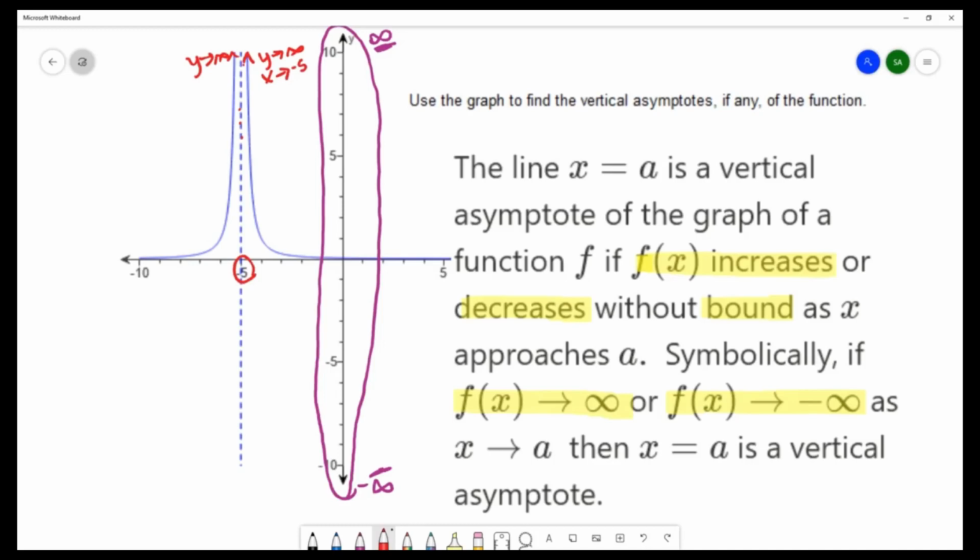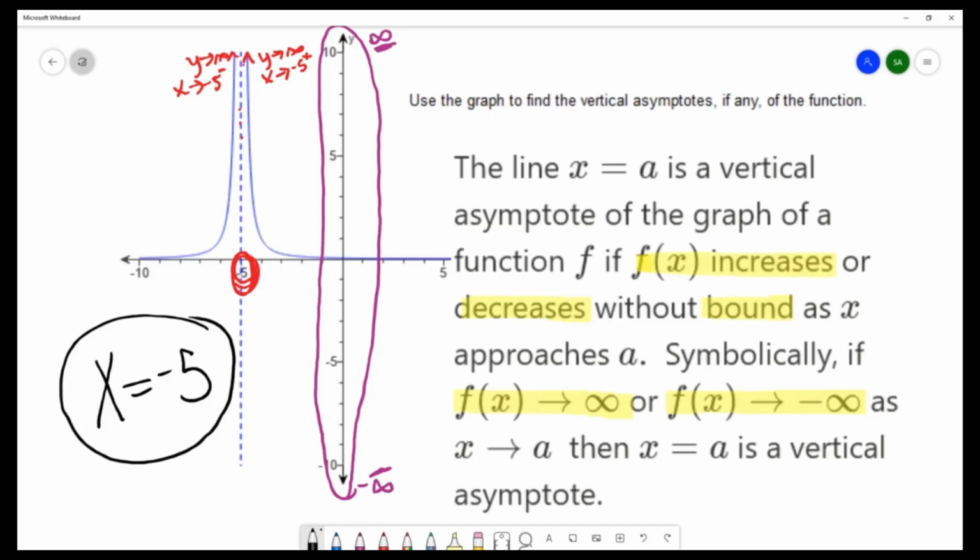We use a little plus sign when it's above the number. And x is approaching -5 from below the number. We use that minus sign when we're below. So on this graph, because y is approaching infinity as x is approaching -5, we can say that the graph has a vertical asymptote at x equals -5. So that's the location of our vertical asymptote.